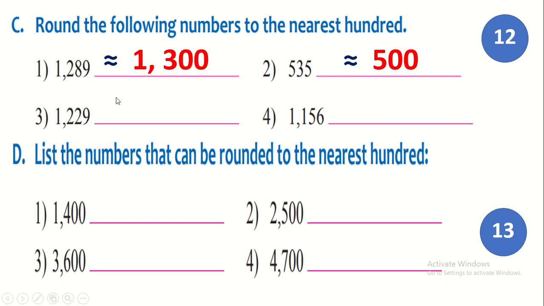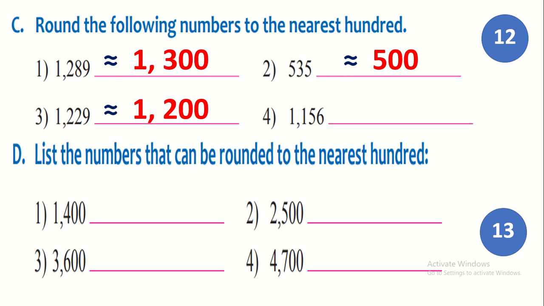Now, for number 3, you have 1229. You round off to the nearest 100. The hundreds place is 2, and the tens place is 2, so the answer is 1200. Correct, students? Next is number 4.